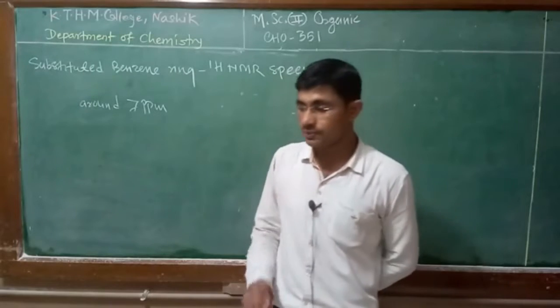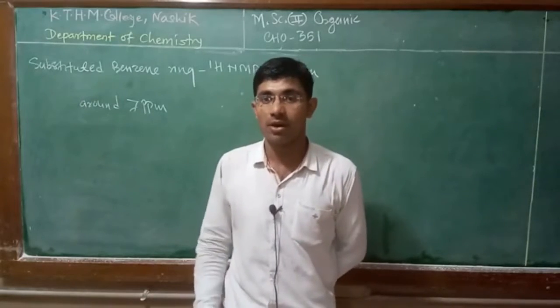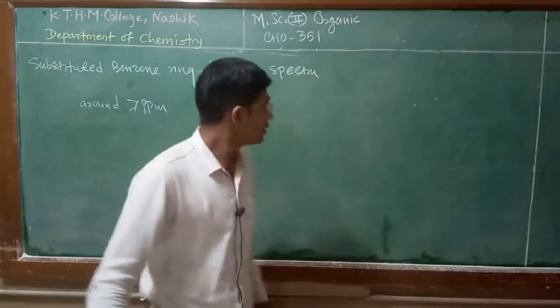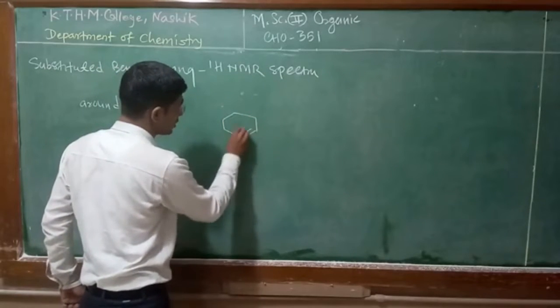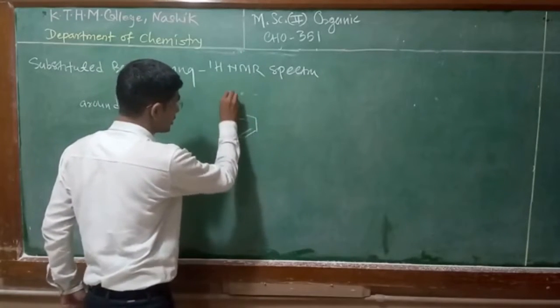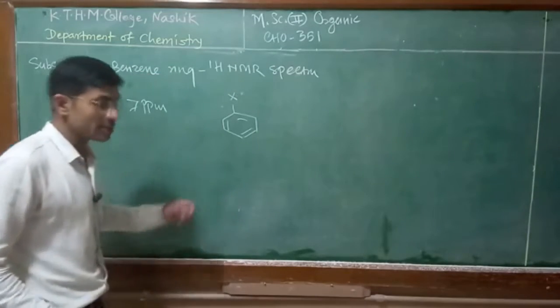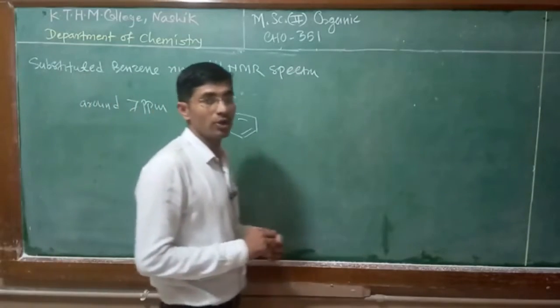Also remember that when we consider the benzenoid system with a group X, this group X may be electron donating or electron withdrawing.